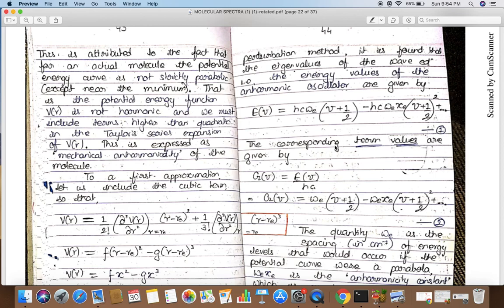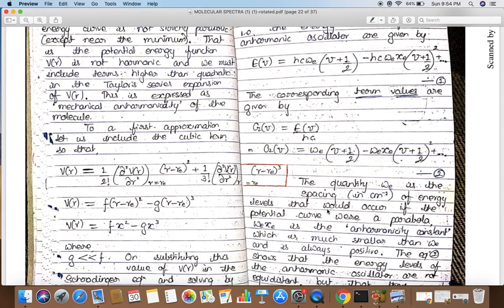The corresponding term values are given by E of nu divided by hc, that is the wave number. Then we have G of nu equal to omega e, nu plus half, minus omega e xe, nu plus half whole square.